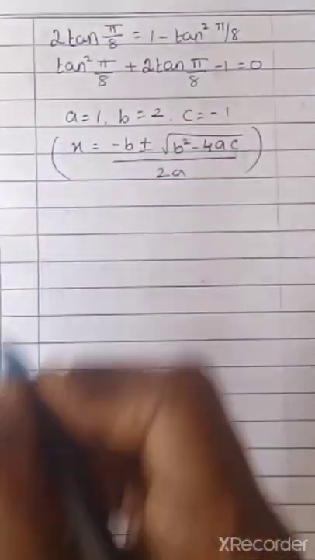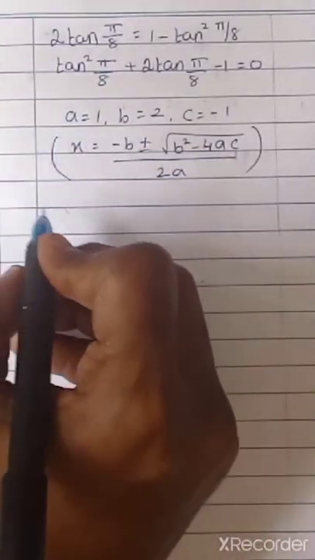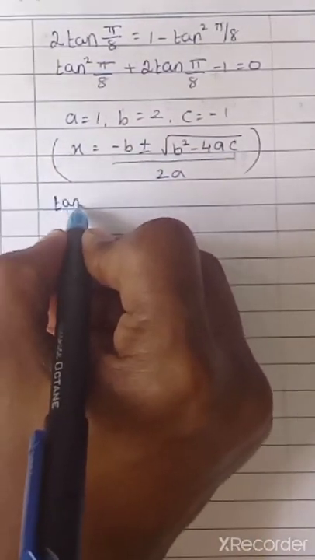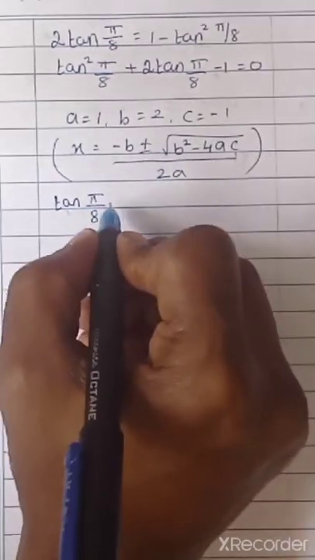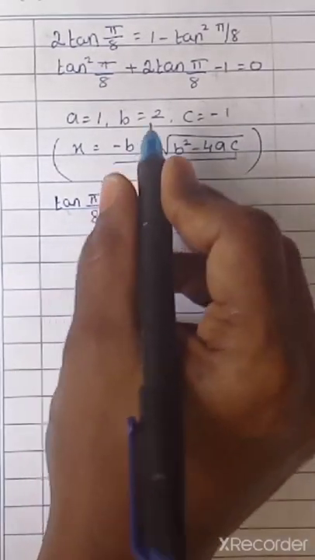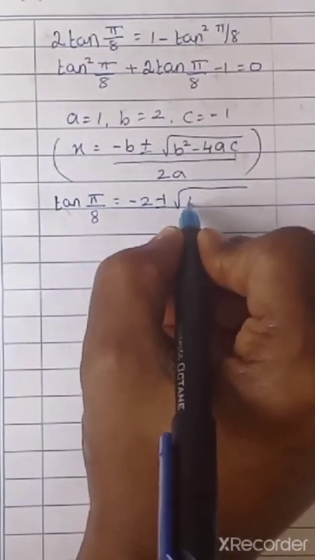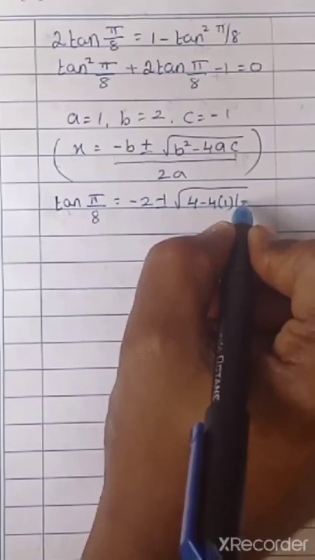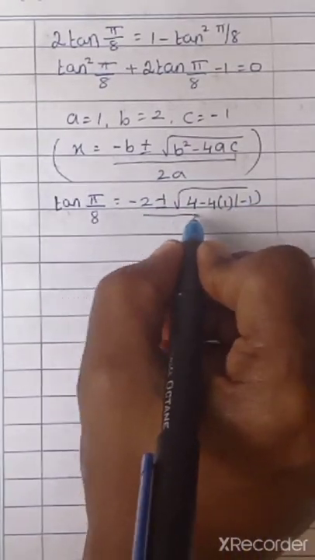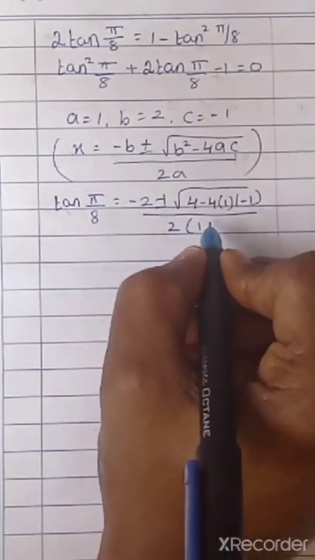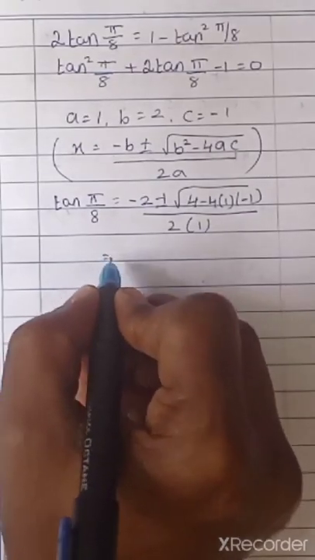This is the quadratic formula, right? So we can use that. So tan pi by 8 equal to minus 2 plus or minus root of 4 minus 4 into 1 into minus 1, divided by 2 into 1.